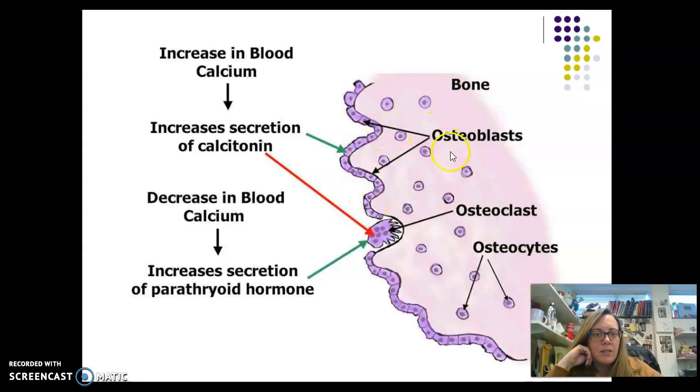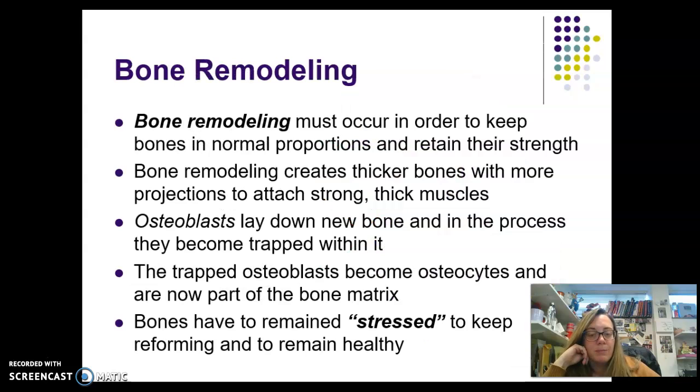As you can see, the osteocytes used to be osteoblasts, but they built bone around them and ended up becoming osteocytes. If you have a decrease in blood calcium, that will cause the parathyroid hormone to be produced, which sends a green light to our osteoclasts to break down bone and put the calcium into our bloodstream. Again, those won't continue to happen. There's a negative feedback mechanism that we learned about in Chapter 1.